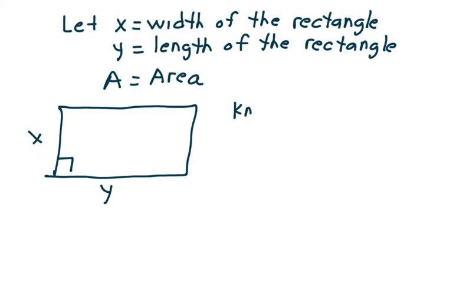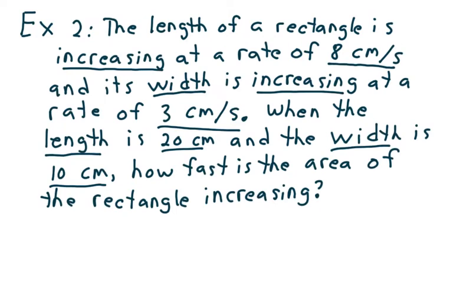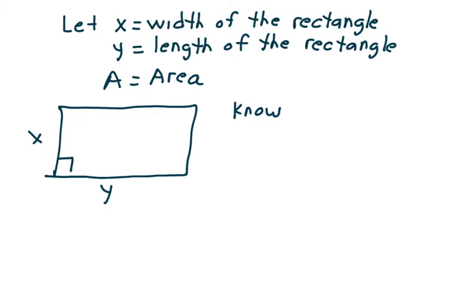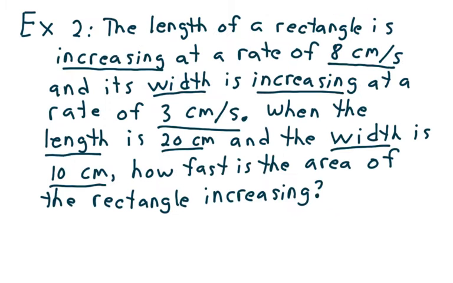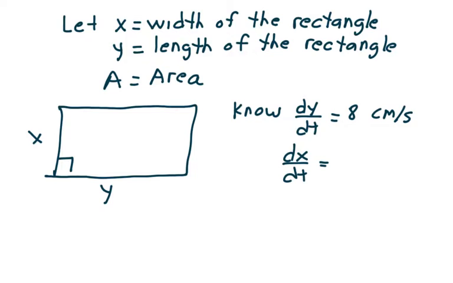Now, let's write down what we know. We know that the length is increasing at a rate of 8 centimeters per second. So we know dy/dt is 8 centimeters per second. And we know dx/dt, the width, is increasing at a rate of 3 centimeters per second. So we're going to write that here.